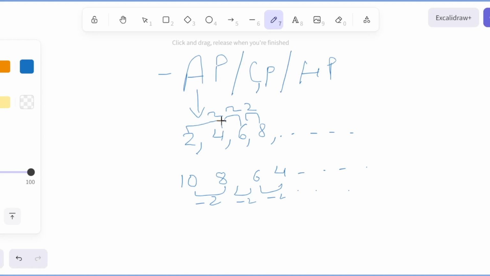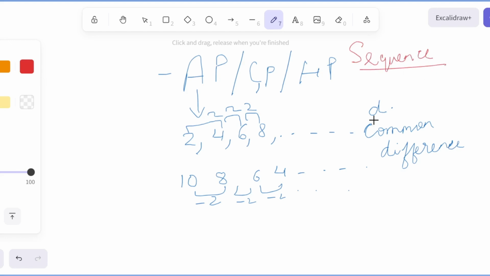This 2 which you are adding or subtracting is known as the common difference, denoted by d. The term which is the first one is always known as the first term.